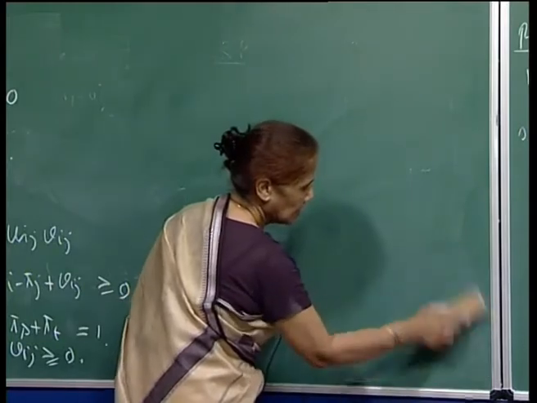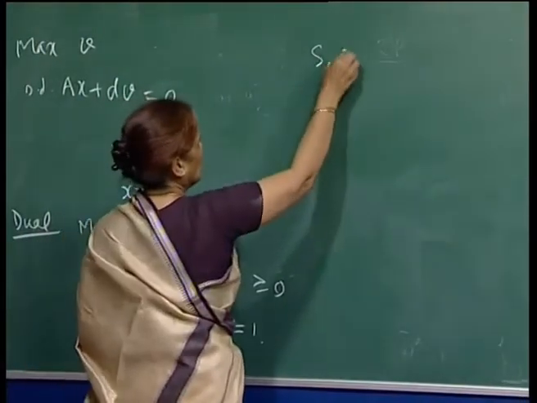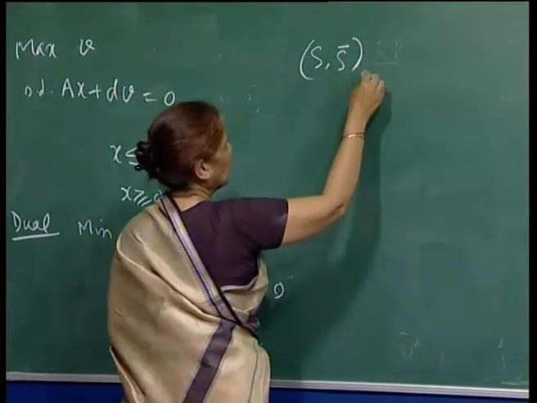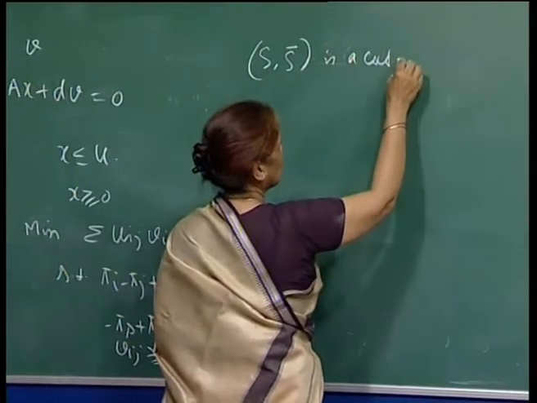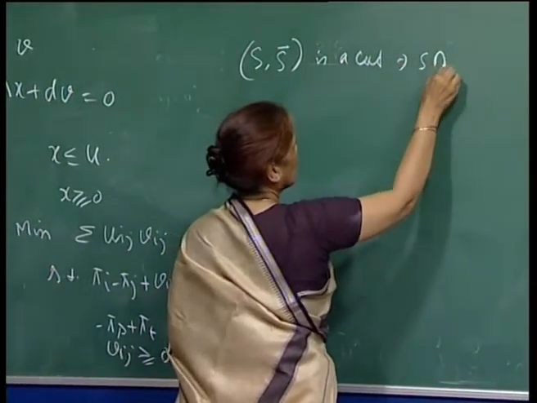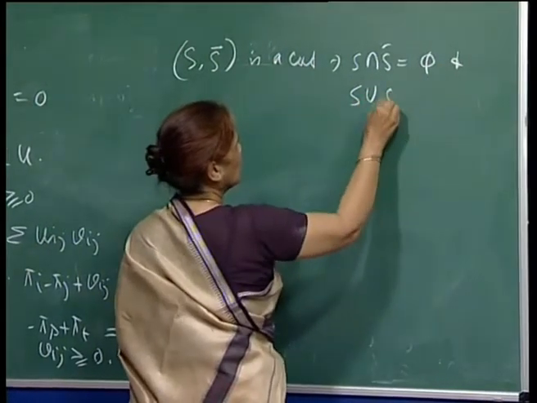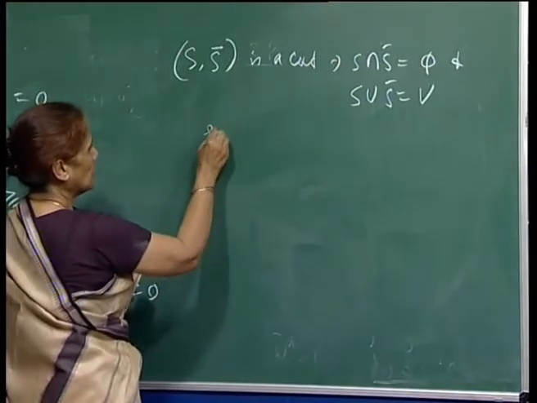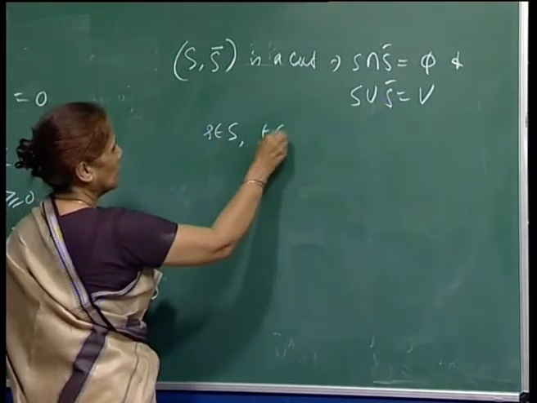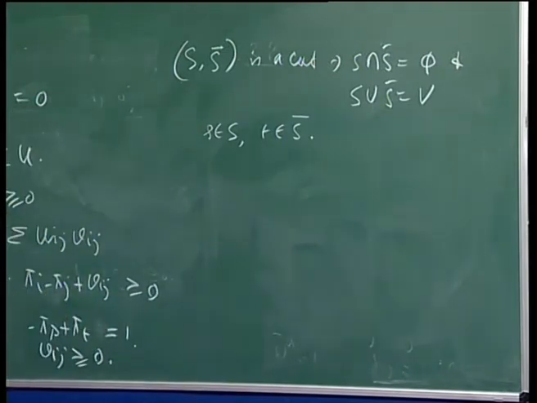In this case S, S bar is a cut such that S intersection S bar is empty and S union S bar is V, and we are considering particular cuts where s belongs to S and t belongs to S bar. Because we are trying to send flow from s to t.